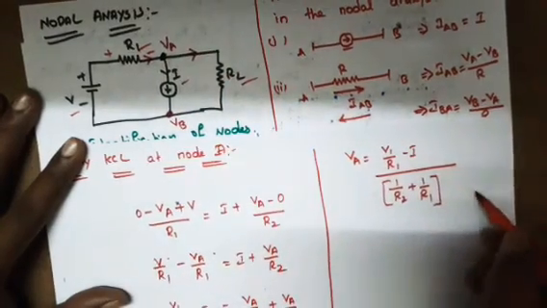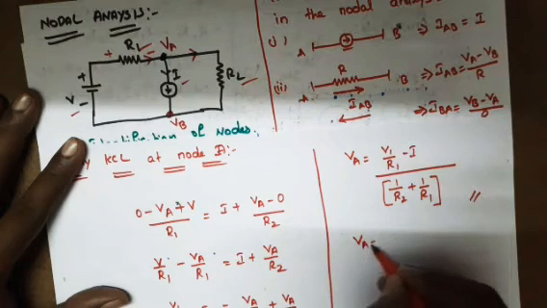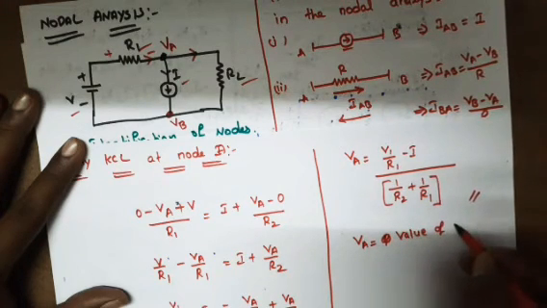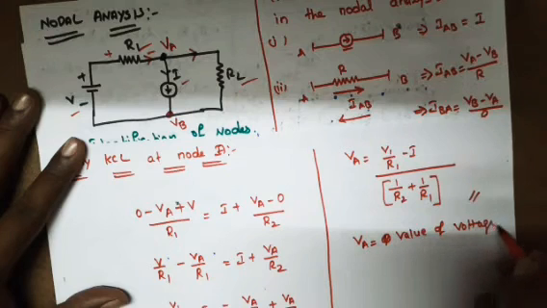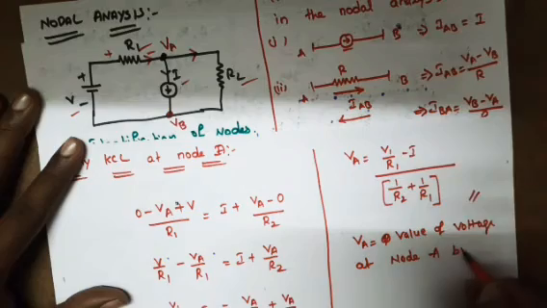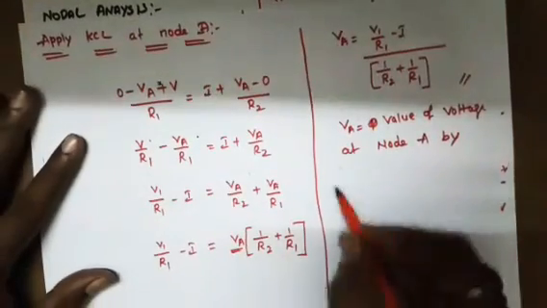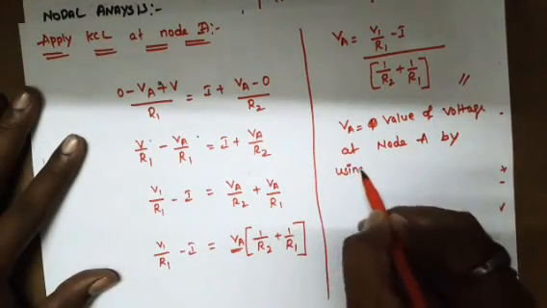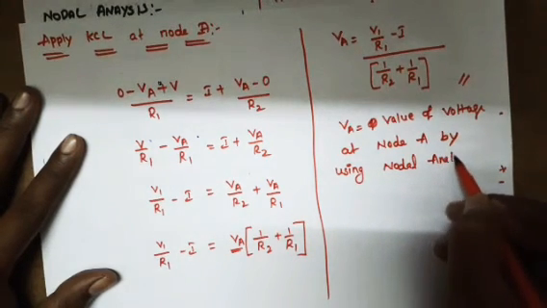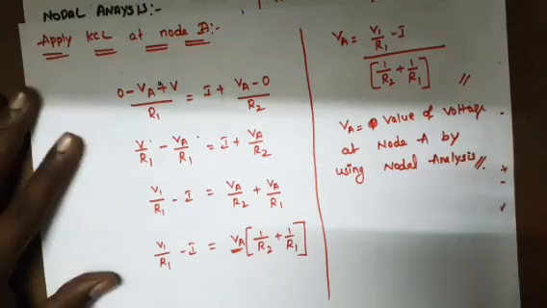Substitute all the known values here, then we can find the voltage at node A by using nodal analysis. So is it clear?